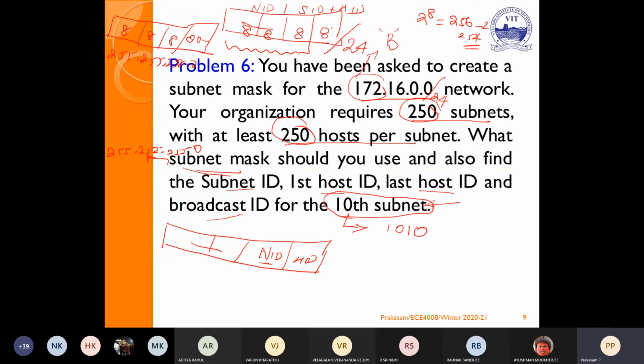Out of these 8 bits, X, X, X, X, X, X, X, X, just substitute this binary equivalent in the place of network ID. Always you should start with LSB: 0, 1, 0, 1. You know that remaining are zeros.